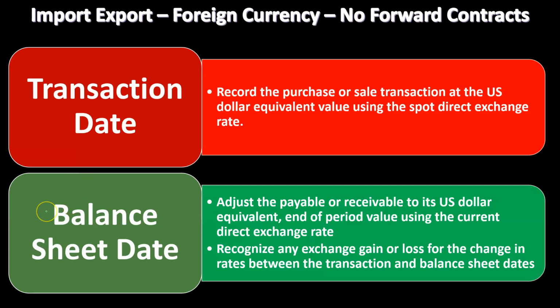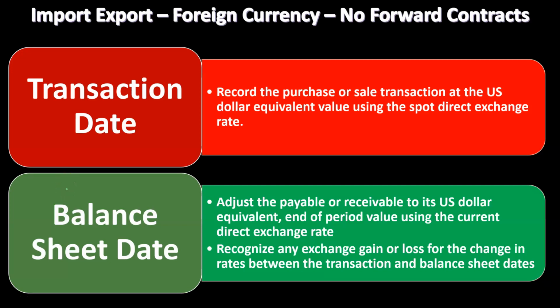Then if we have a balance sheet date, this will typically be the end of the year or the end of the month when we typically do adjusting entries at the end of the time period. After the transaction, we may have an accounts payable or a receivable on the books which is in foreign currency, meaning we might have bought something on account, at which point we might be paying something in the future in foreign currency or receiving something in the future in foreign currency.